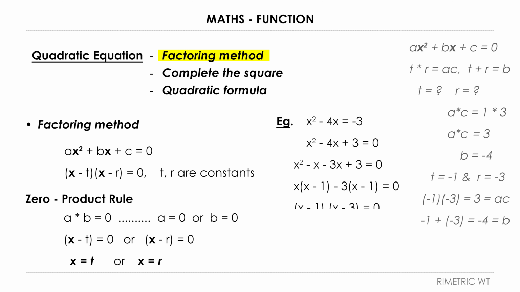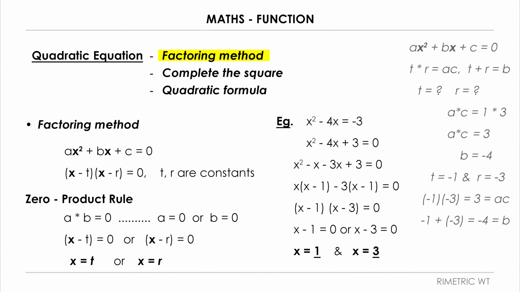Since x minus 1 is common, we express the equation as x minus 1 times x minus 3, which equals 0. Since two numbers being multiplied to result in 0, either of the two numbers must be 0, which we've seen in our zero product rule. Therefore, we say x minus 1 equals 0 or x minus 3 equals 0. Then we find x equals 1 or x equals 3 for a solution.